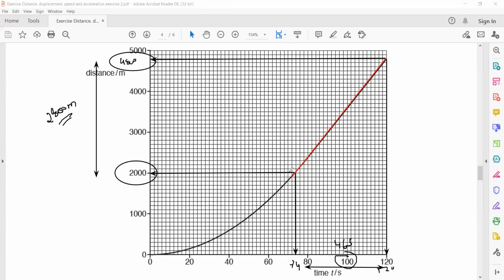The distance travelled in this straight part is 2800 and the time is 46 seconds. So it will be 2800 divided by 46, which is 60.86 meter per second. That's the speed at 100 second, or you can say that is the speed for the region.